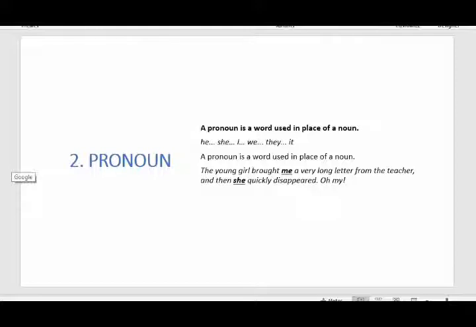A pronoun is a word used in the place of a noun. For example, when we talk about something for the first time, we speak by taking the noun, either the common noun or the proper noun that is given to it. From the next time when we speak, we use a pronoun. For instance, my first sentence can be something like this. The girl bought me a very long letter from the teacher.